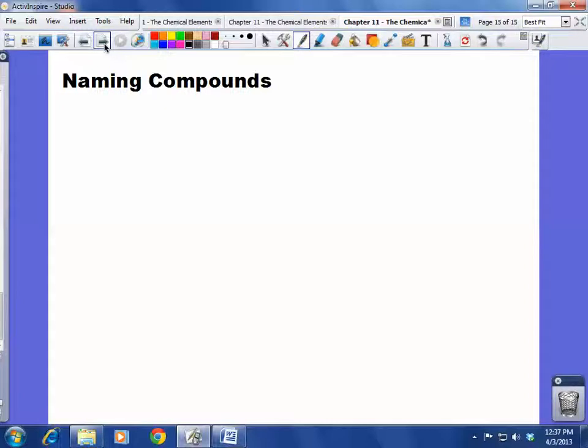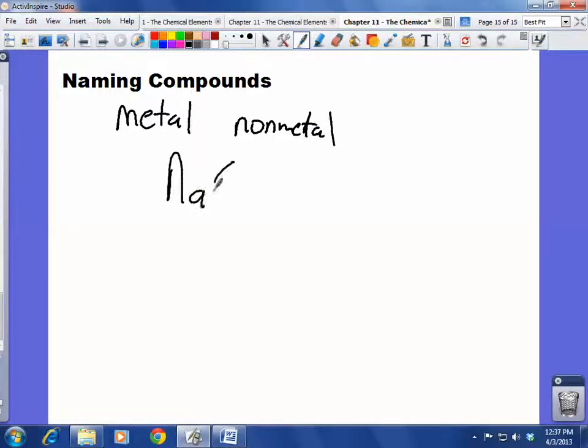First off, if I have something like a metal with a nonmetal, naming is pretty easy. Because if I think about something like NaCl, anyone know what NaCl is? Which is also salt.